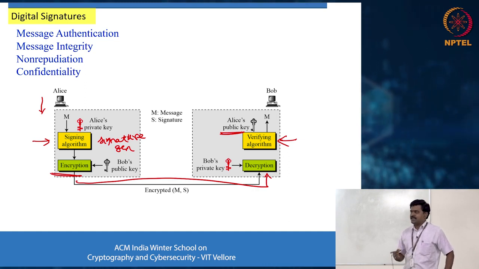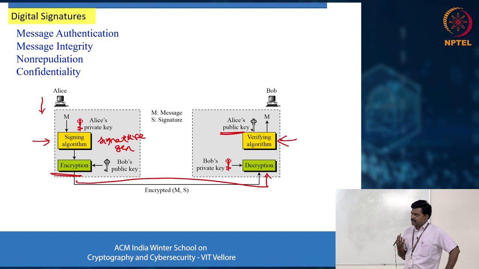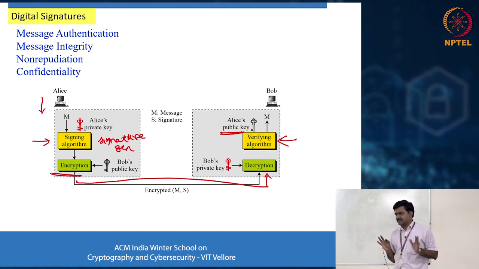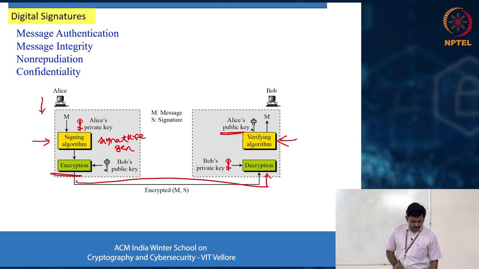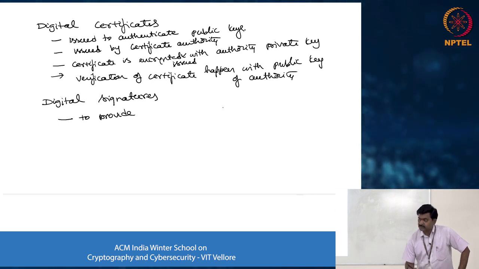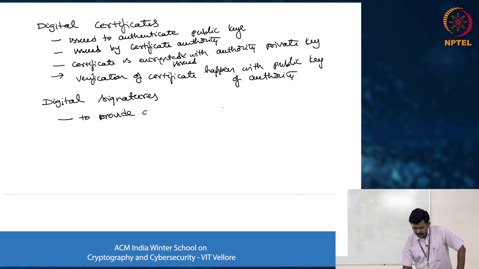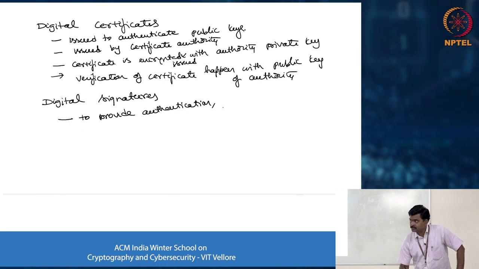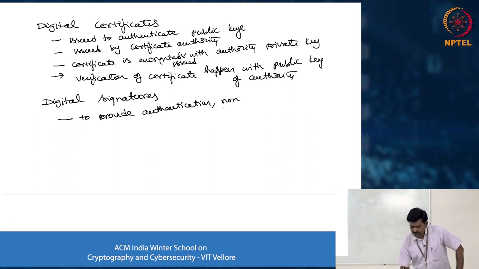NIST designed their own digital signature algorithm called DSA. There are various algorithms. So now you understood that the purpose of digital signatures is to provide what? Authentication, and also to ensure non-repudiation.